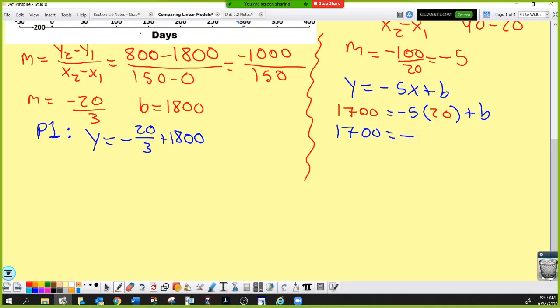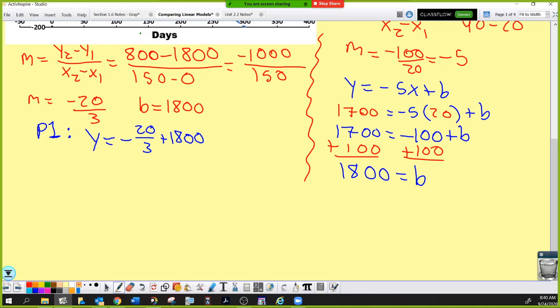1,700 equals negative 100 plus B, and you add 100 to both sides. That gives you that person two's starting debt was also 1,800.